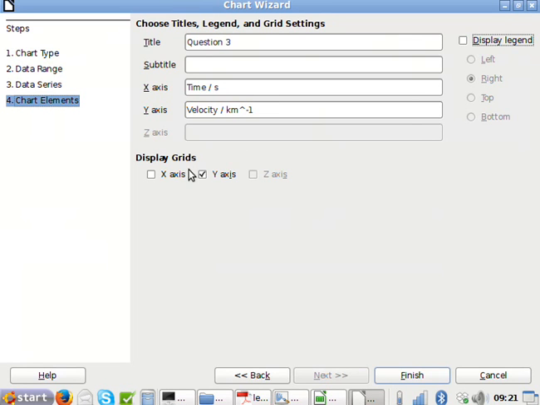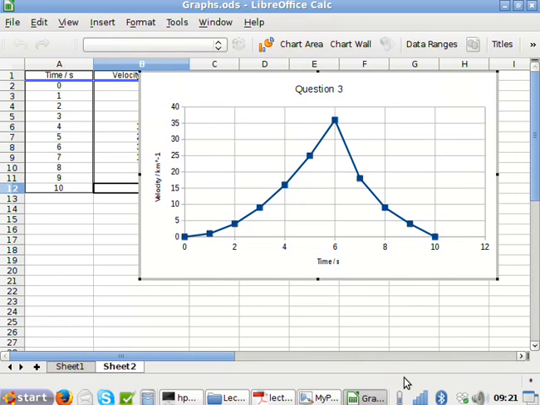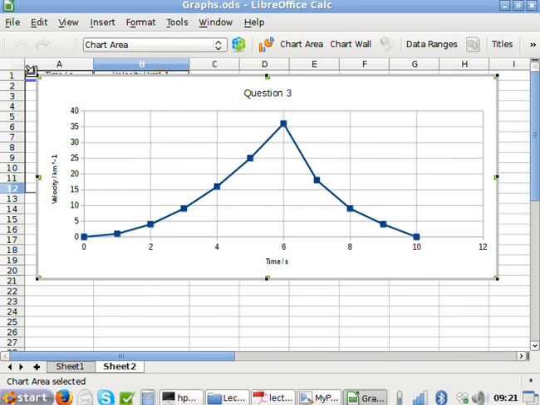Time in seconds and velocity is still meters per second? No, kilometers per second. Yeah. You did meters per second? We'll change it a little bit. Okay. What are the times? 0 to 10 again.